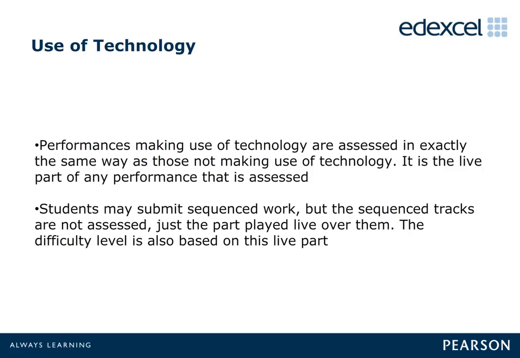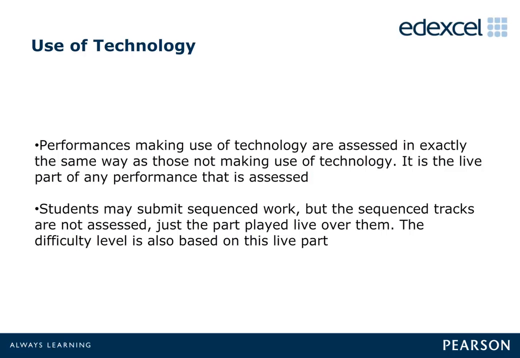Use of technology. Some students may want to use technology to enhance their performance, such as using effects or special sounds on the electric guitar. Performances making use of technology are assessed in exactly the same way as those not making use of technology. It is the live part of any performance that is assessed.